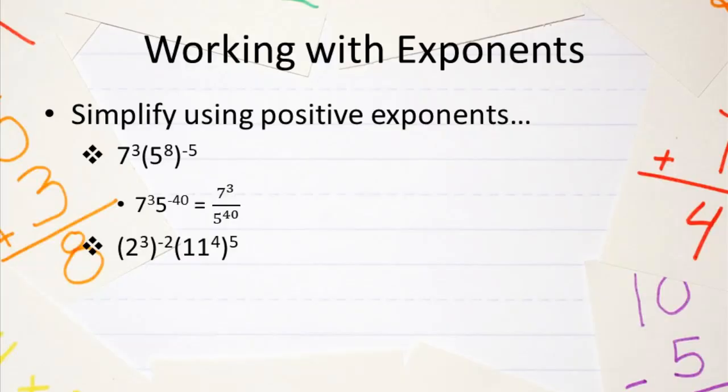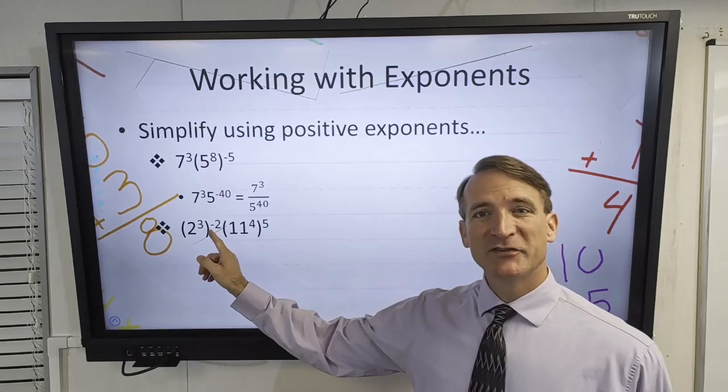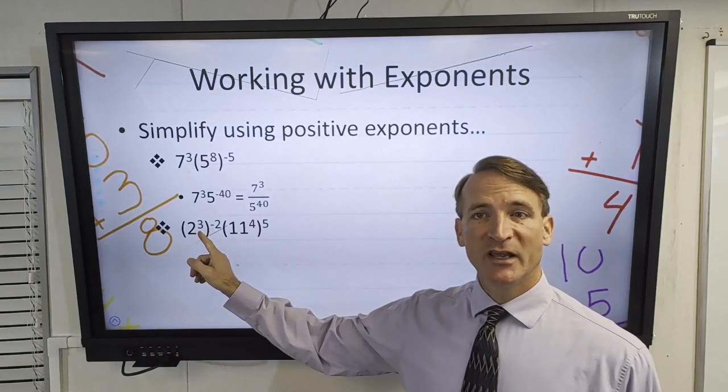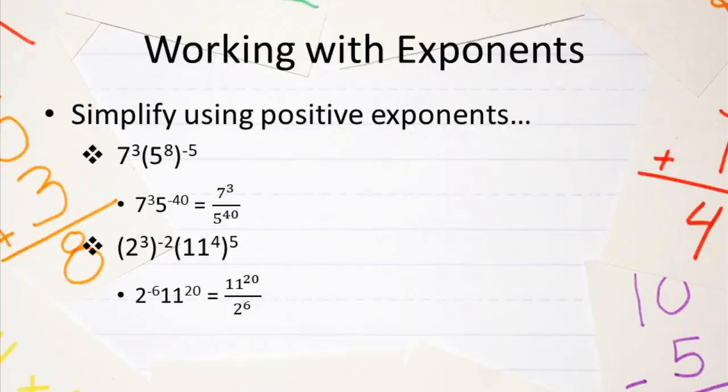How about 2 cubed to the negative 2 times 11 fourth to the 5th? Well, 3 times negative 2 gives me a negative 6, so I have 2 to the negative 6th power there. And 4 times 5 gives me 20, so that gives me 11 to the 20th power.